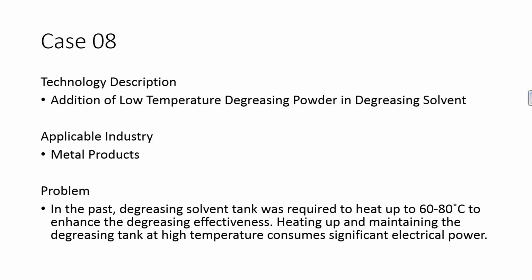After applying this powder, the degreasing solvent tank can maintain similar degreasing effectiveness at room temperature, that is 30 to 40 degrees Celsius. As a result, it only needs to heat up the degreasing solvent in the winter, and hence energy use for the degreasing process can be reduced.